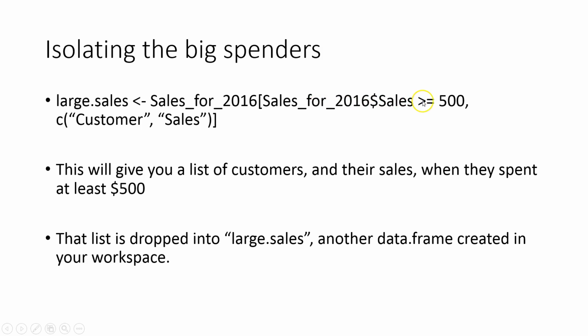When the field is greater than 500, I'm going to combine customer and sales and make that a new record in my new data frame. So it's going to give me a list of customers and their sales when they spent at least $500. And this list is dropped into large.sales, which becomes another data frame, which we can then use in our workspace.